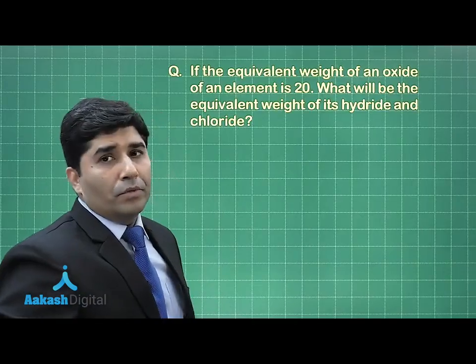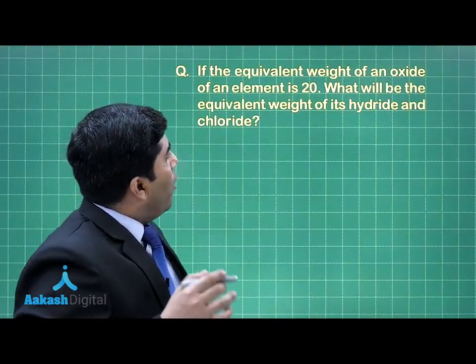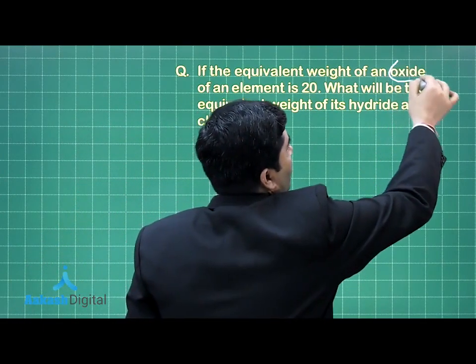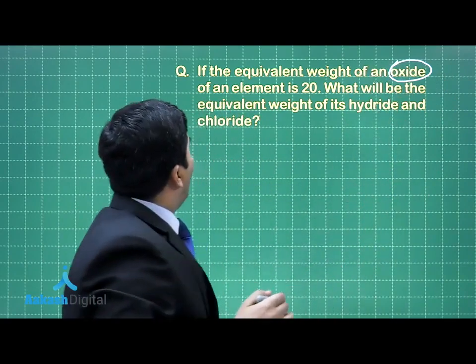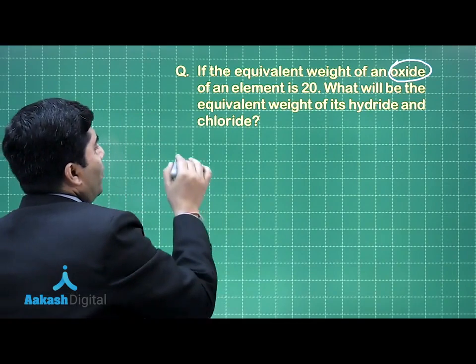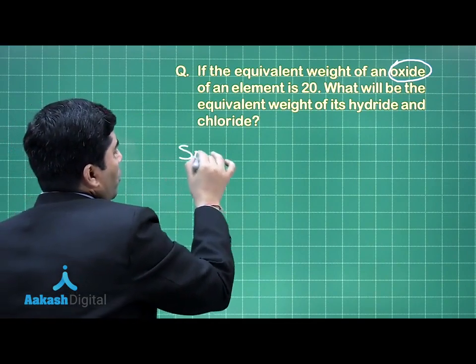Let's solve a question. If the equivalent weight of an oxide of the element is 20, how will we start the solution?